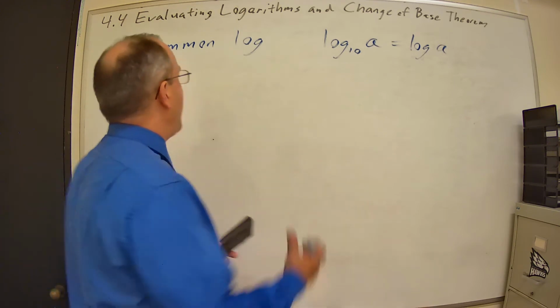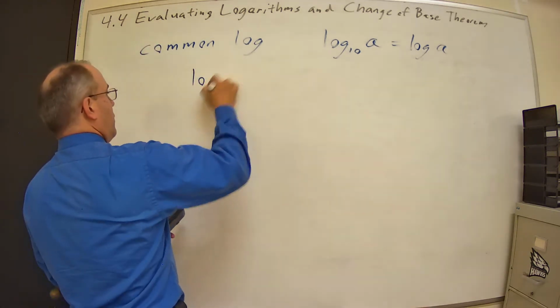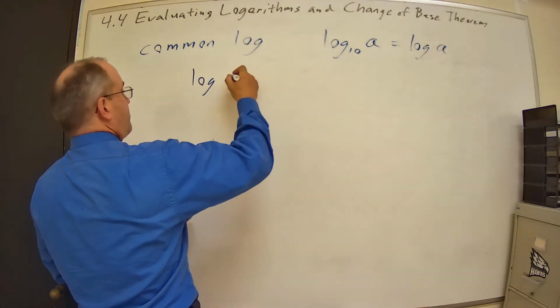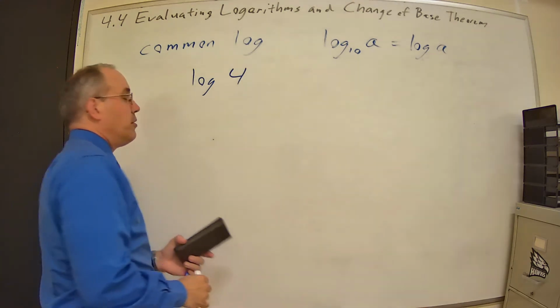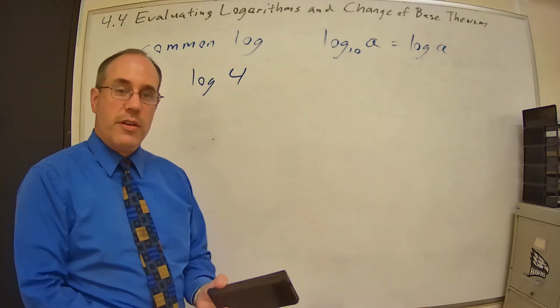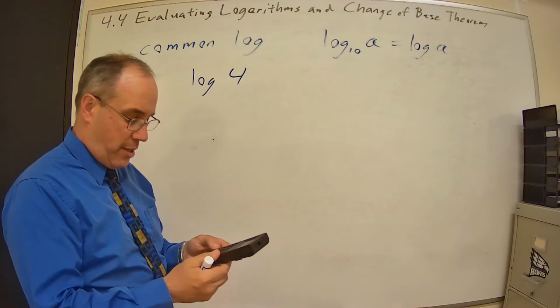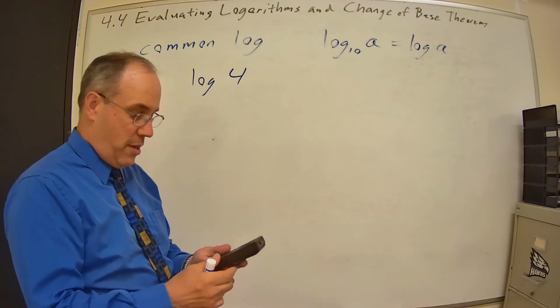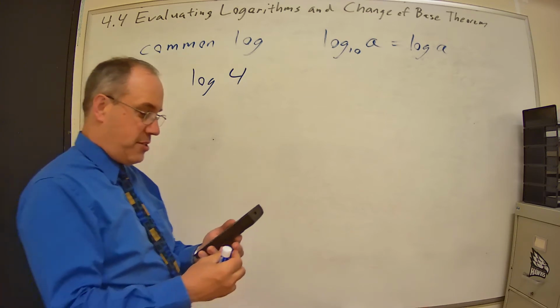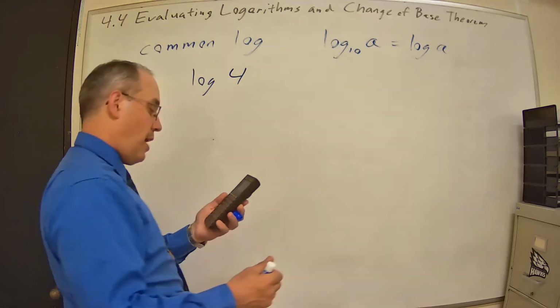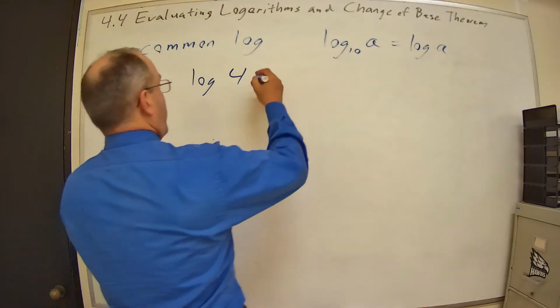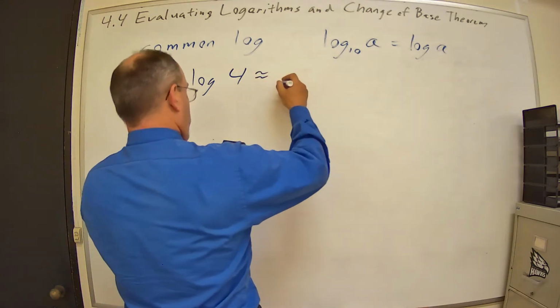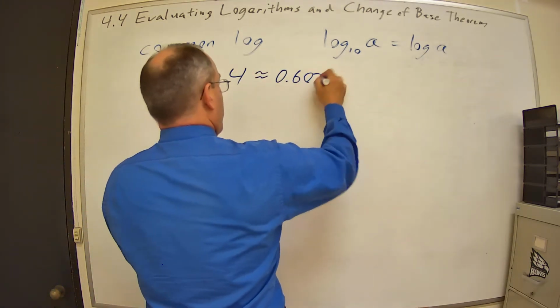So what if I have log of 4? I'm just going to plug that into my calculator. And I get 0.60205999138, but we'll say that that's approximately equal to 0.602.